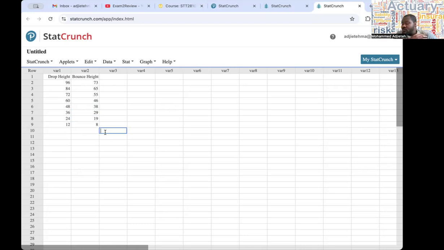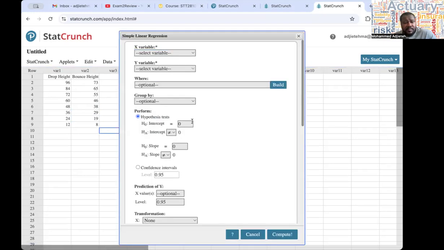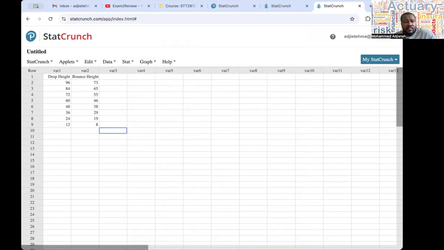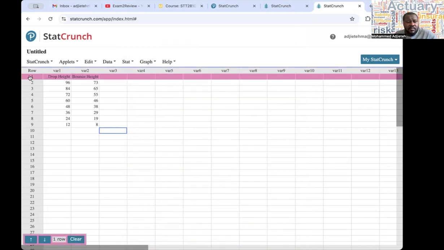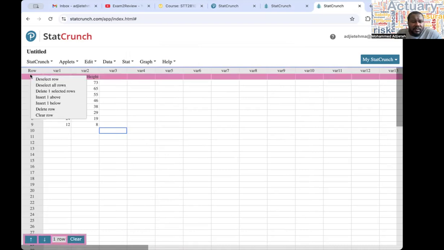When you look at the problem, you can see that bounce is the response variable. So let's go to stats, regression, and simple linear. So what's our x variable? Oh, I think I made a mistake. Let me delete this row.